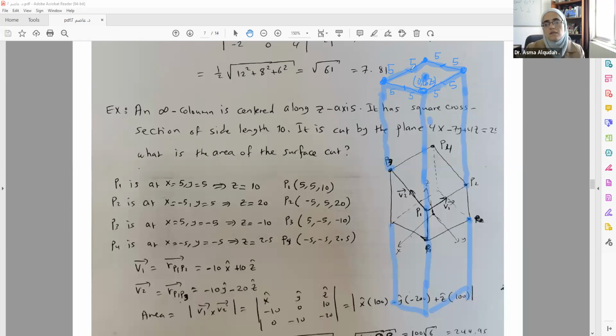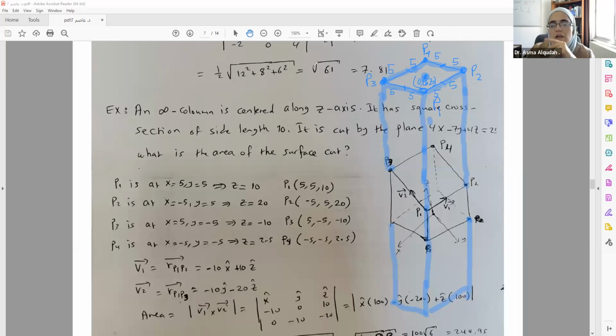Let us use this information to find the coordinates of each of these points. Let's call them P1, P2, P3, and P4.